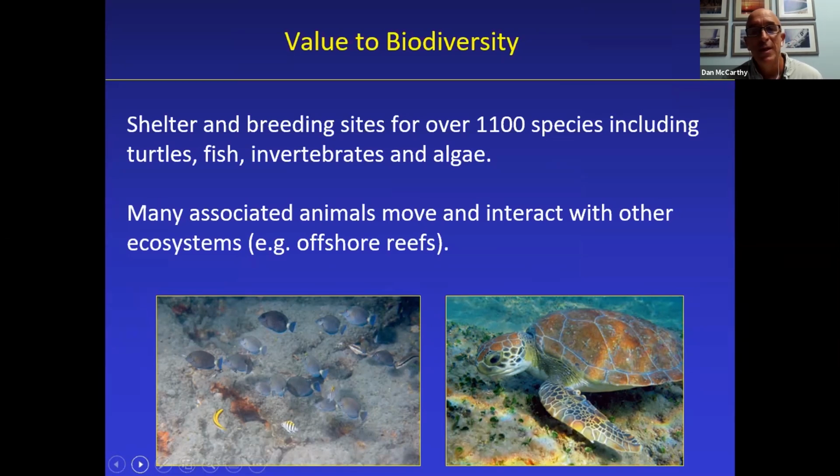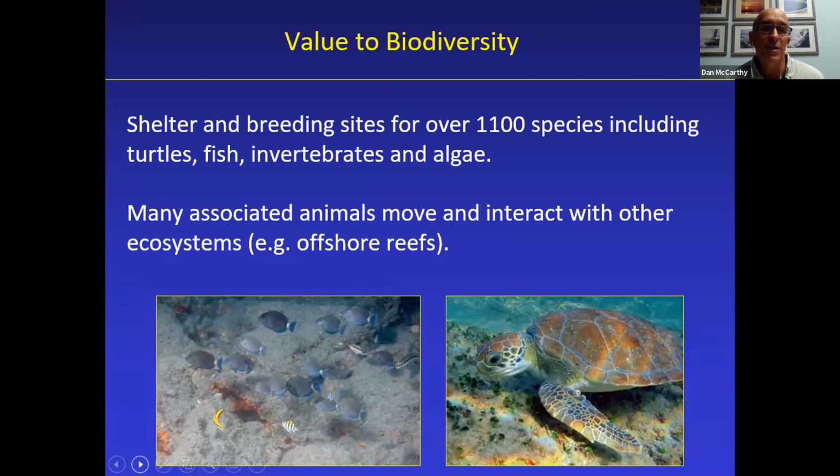Now, many of these species kind of come in from the outside. So if you didn't know, many invertebrates and some fish, for example, produce babies in the water column. These babies called larvae will drift in the water column, and then they settle out in areas and metamorphose, and then potentially stay in the same area or potentially move on. Okay?